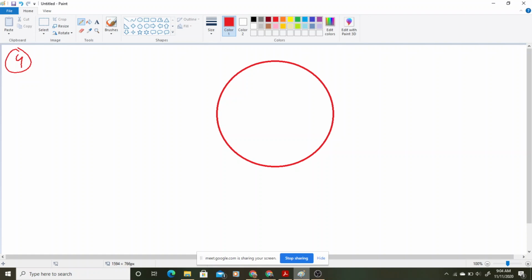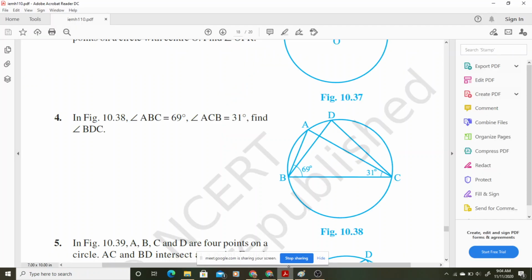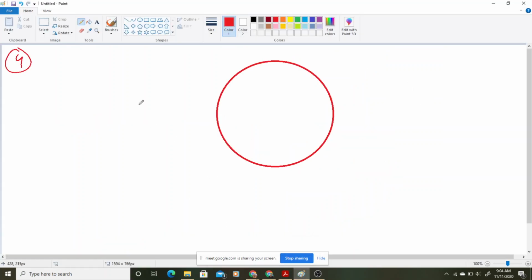We are given two points A and D, and this chord BC.